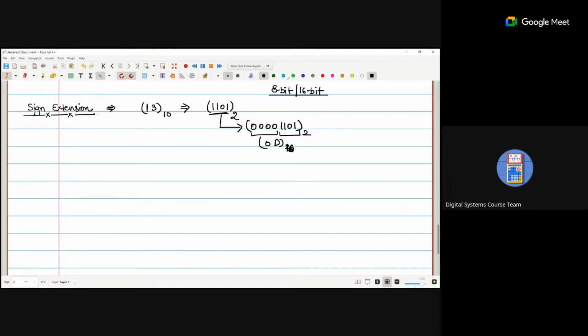That's why we need to extend our bits to either 8 bits or 16 bits. This is called bit extension. Bit extension is quite easy with binary numbers, because what should we do? We only add as many zeros as remaining to fill the zero. This is called zero padding.